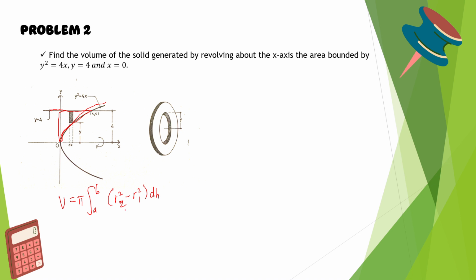What is the value for our r here? The first r that we need to get is this one.